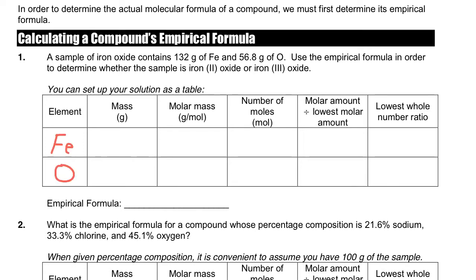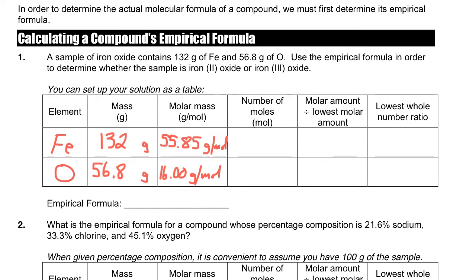So we have iron and oxygen. Those are the only elements in my sample. And in the question, I'm told there are 132 grams of iron and 56.8 grams of oxygen. In order to calculate number of moles, first I need to know what the molar mass is. So these I just looked up on my periodic table. Molar mass of iron is 55.85 grams per mole.